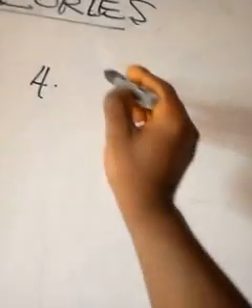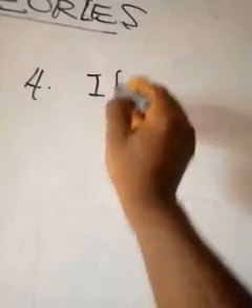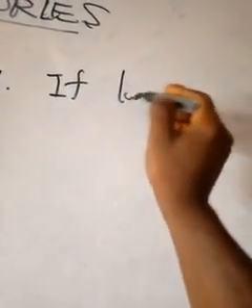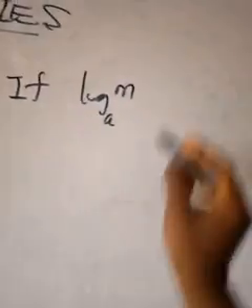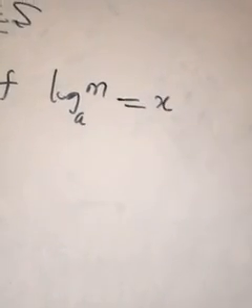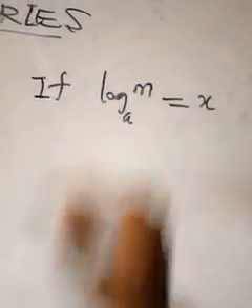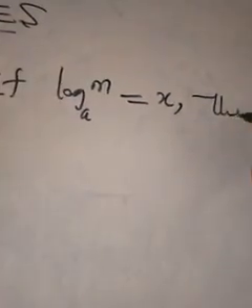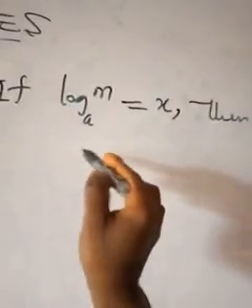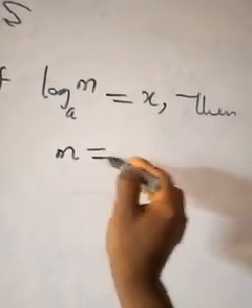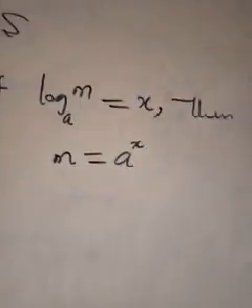Number 4. If log m base a is equal to s, this law tells us the relationship between logarithm and indices. Then m is equal to a raised to power s.